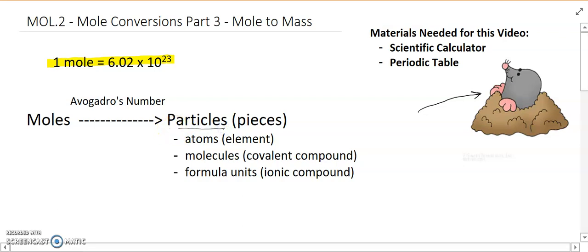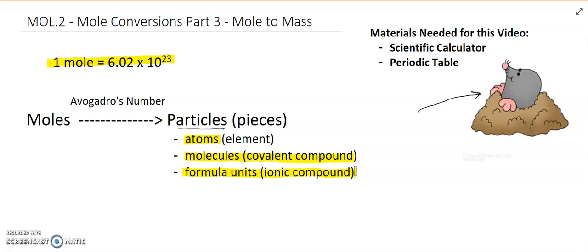But in reality, you'll run into the term atoms if we're talking about an element. Pieces of a covalent bonded substance is going to be a molecule. And pieces of an ionically bonded substance is going to be a formula unit. So we can ask you about a mole of anything, and it's still going to be the exact same calculation.